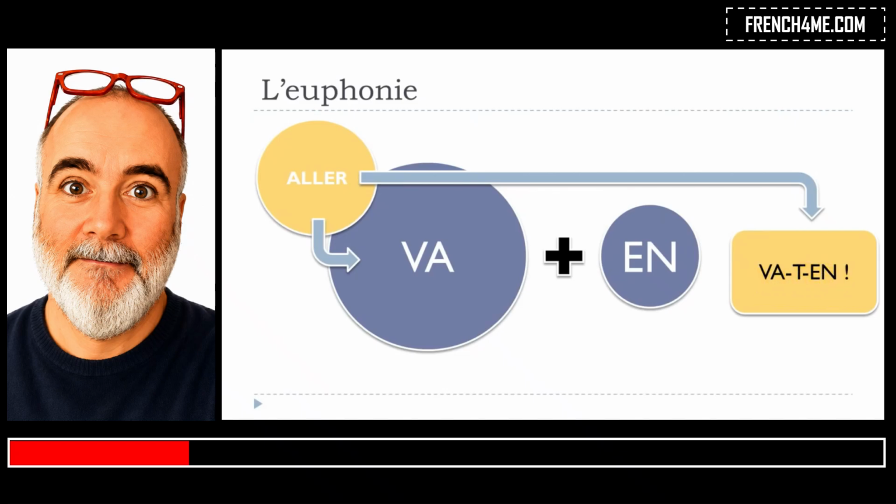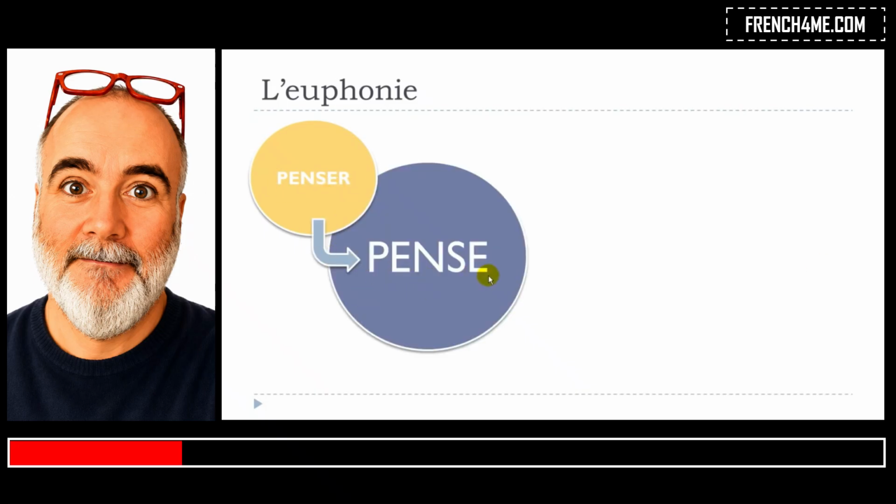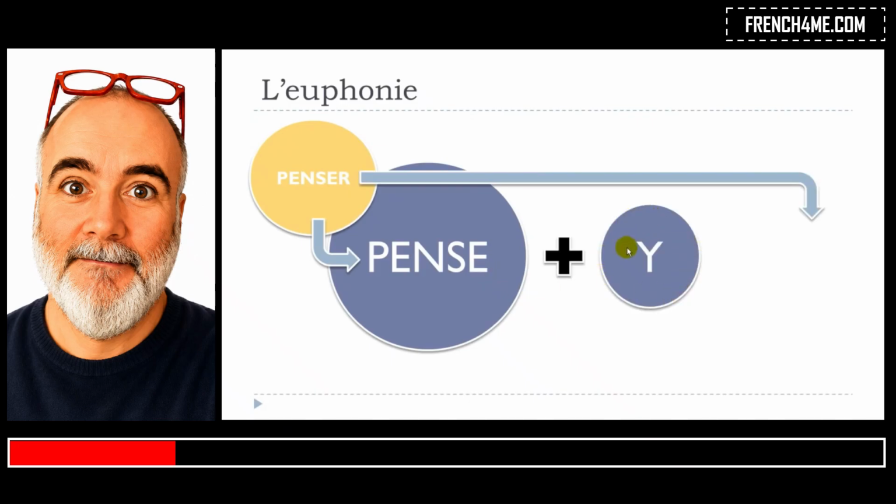Va-t'en. In other situations like penser, for instance, pense, and then you want to put the y. In that case, you will change the grammar as well, and you will keep the S that we normally have at the present form. Pense-y.